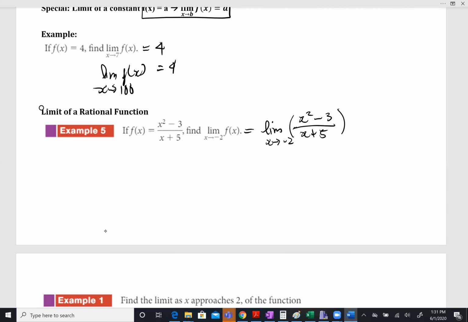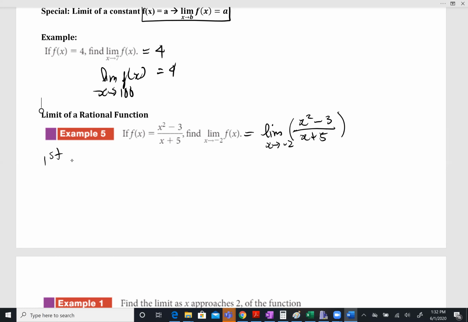So always, the first step is direct substitution. If you see a limit with a finite number, you just directly substitute first to see what happens. I'm going to plug x equal to -2 in.